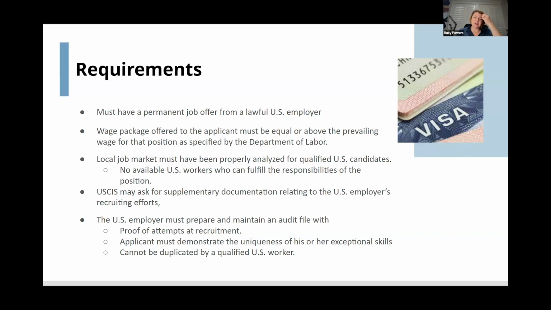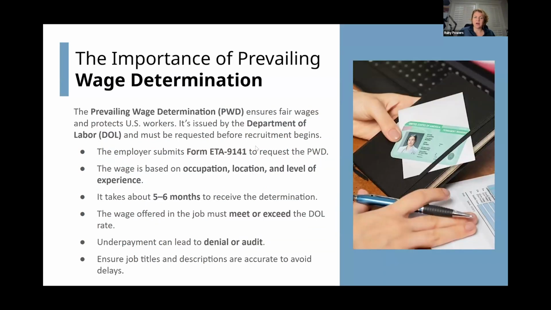USCIS may ask for supplementary documentation relating to the employer's recruiting efforts, and the U.S. employer must prepare and maintain an audit file with proof of attempts to recruit. The applicant must demonstrate the uniqueness of their exceptional skills that cannot be duplicated by a qualified U.S. worker.